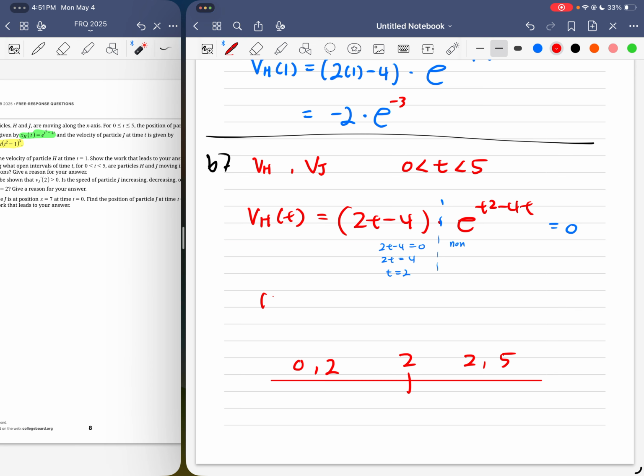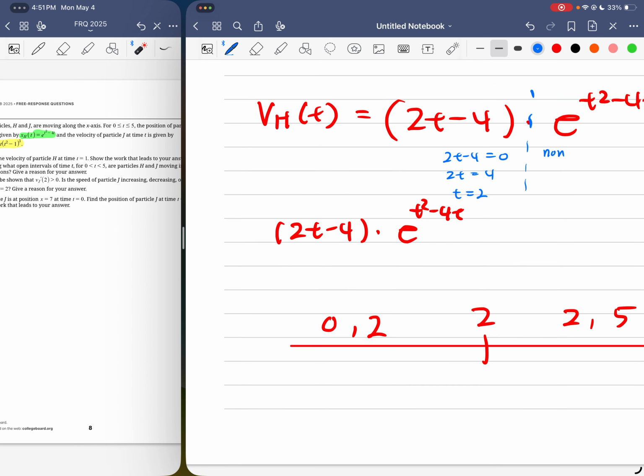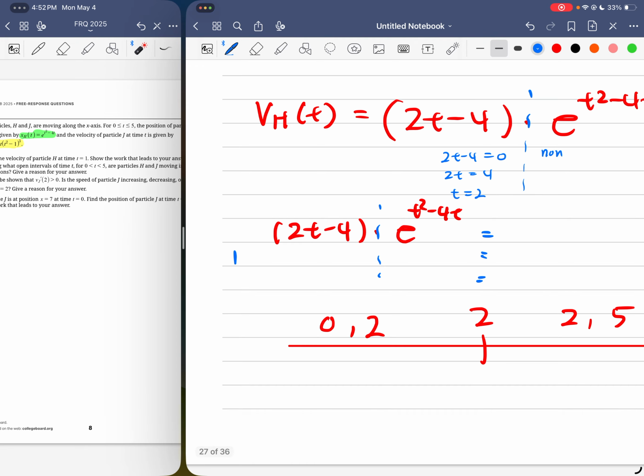So we have 2t minus 4 times e to the t squared minus 4t. We are trying to find if it is positive or negative. Let's choose any number between 0 and 2. Obviously, 1 is the typical number. So 2 times 1 is 2, 2 minus 4 is negative 2, which is negative. And again, the exponential is going to be positive no matter what. So negative times positive is negative. So this one is negative.